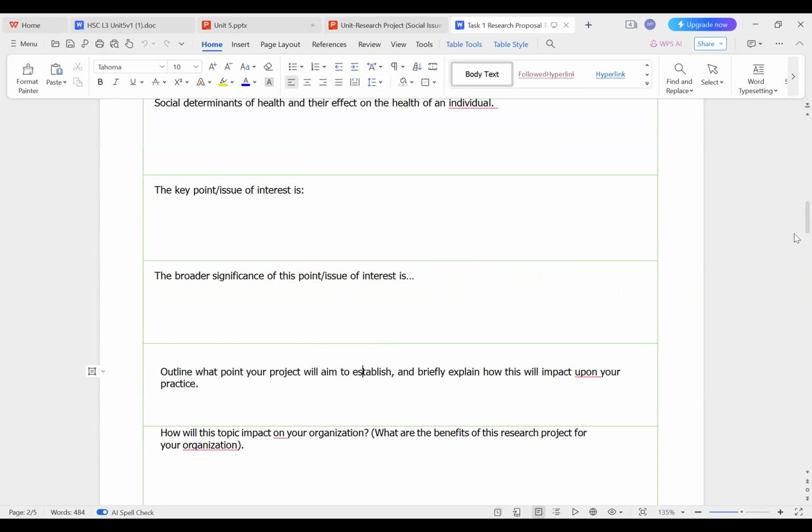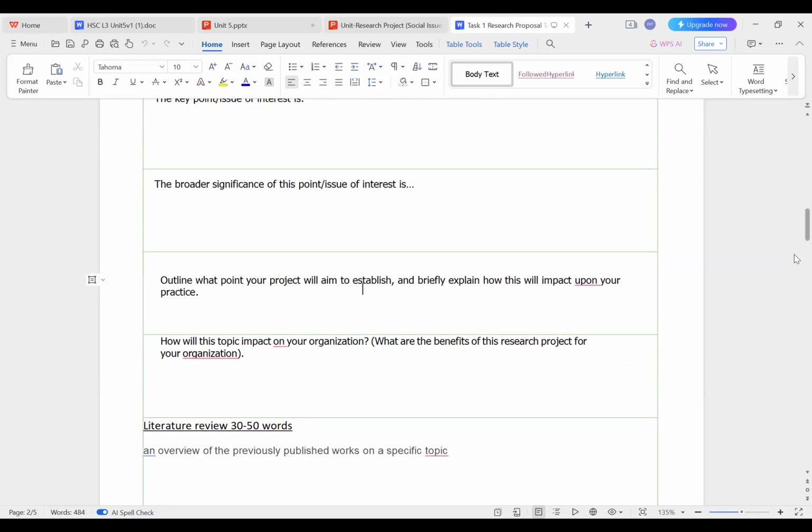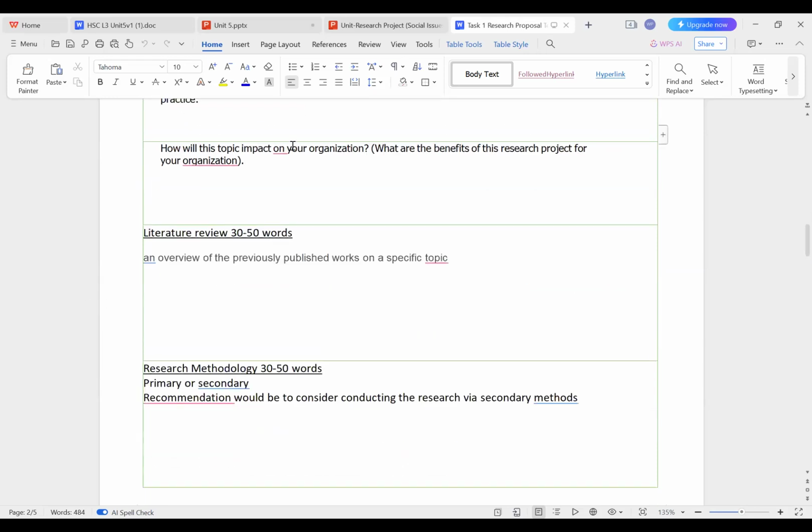How will this topic or this project impact on your organization? And then you would want to do a literature review of 30 to 50 words based on your own research topic. Your research methods should be around 30 to 50 words.